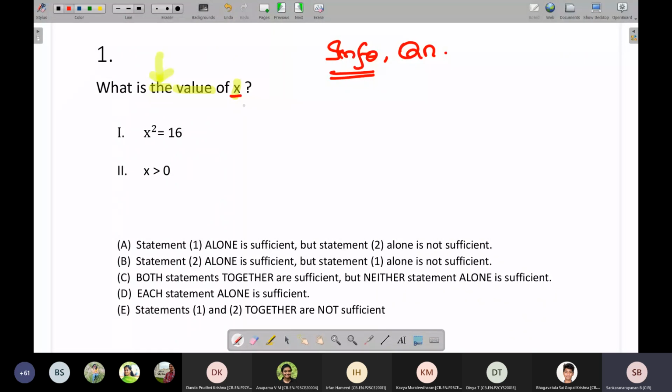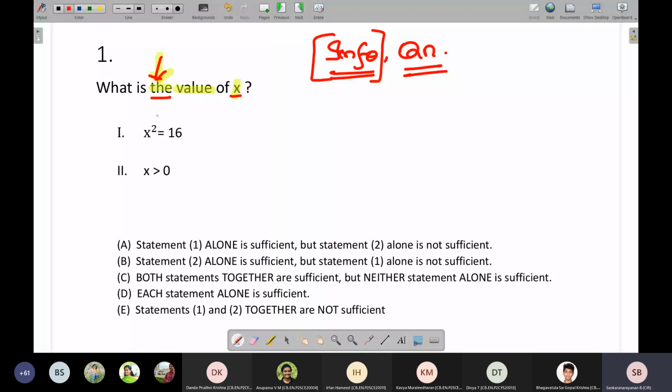And what is the question? The question is, what is the value of X? What is the unique value associated with this unknown? Right now, you are not in a position to answer that question.